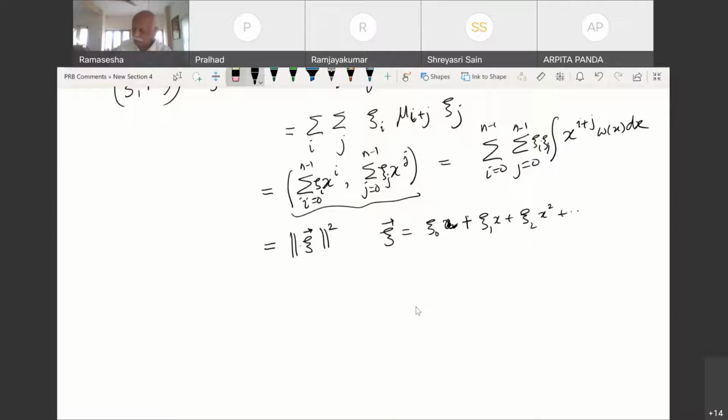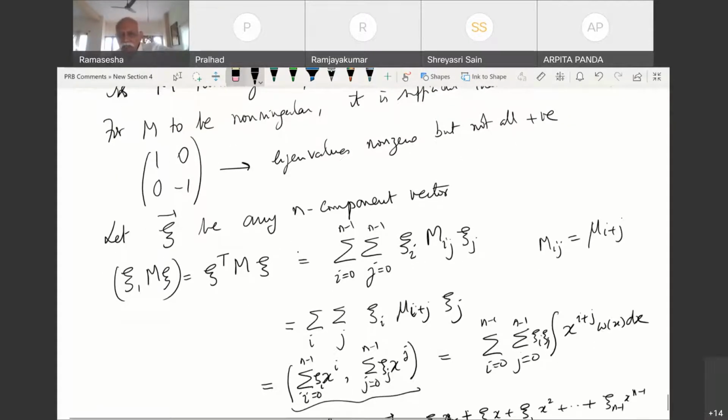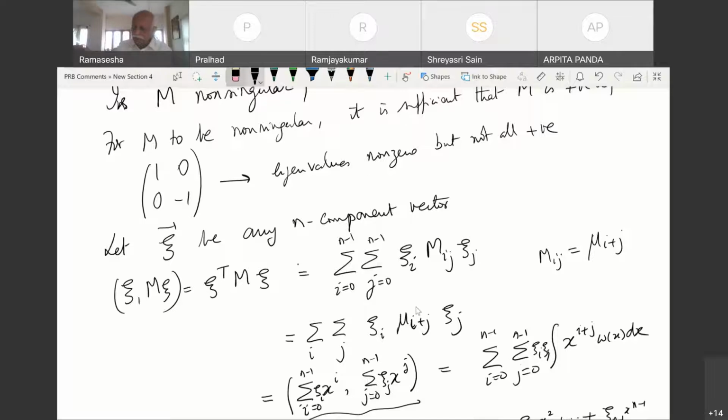Okay, so I have made a mistake in saying what the psi is before. Psi is an n component vector given by sigma over i equal to 0 to n minus 1, psi i x to the power i.